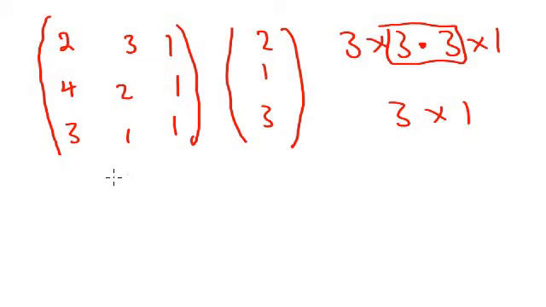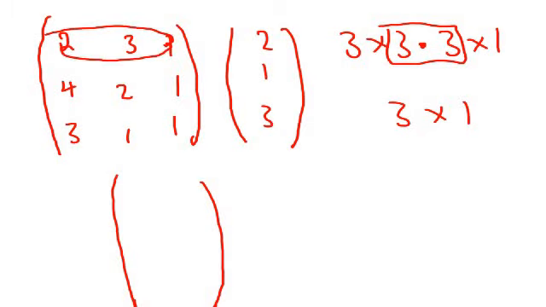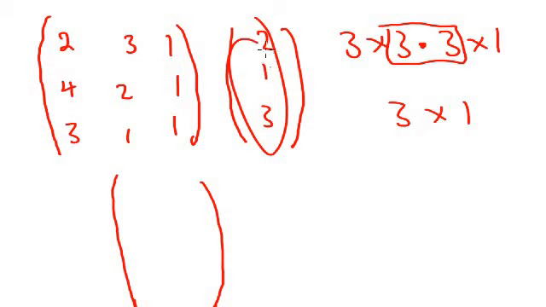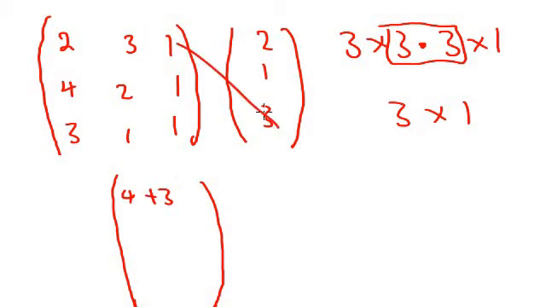So let's see how that works. Let's multiply. All the elements in the first row of the first matrix by all the elements in the first column of the second matrix. 2 times 2, that's 4. We are adding that to 3 times 1, that's 3. Plus 1 times 3, that's 3.